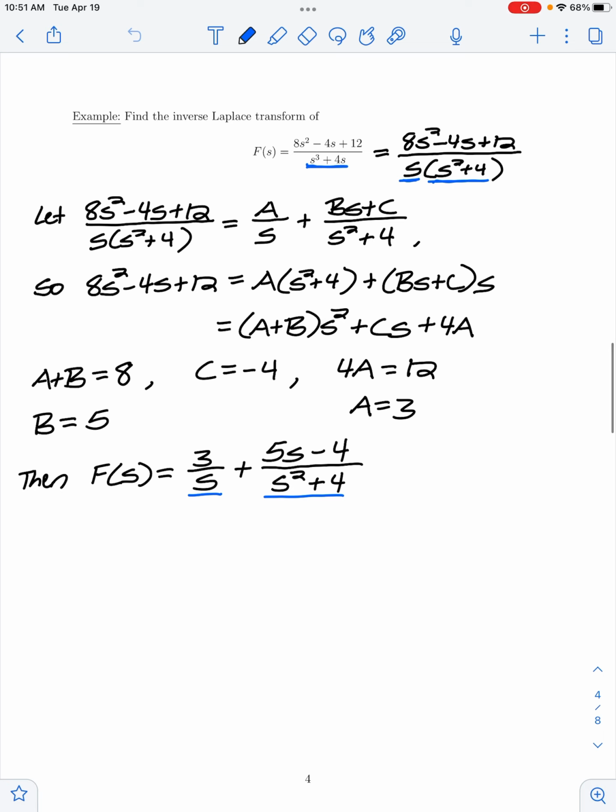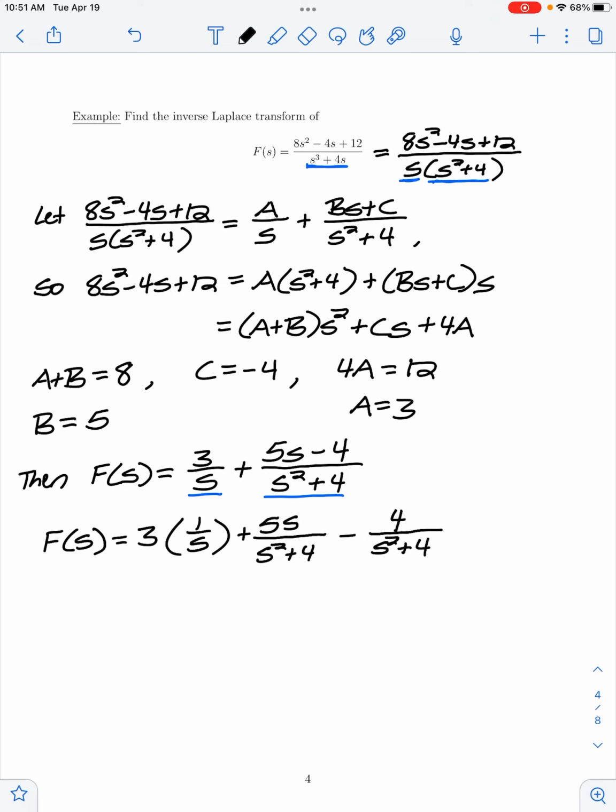So rewriting these terms of F of s to look exactly like what I have in my Laplace table, F of s can be rewritten as 3 times 1 over s plus 5s over s squared plus 4 minus 4 over s squared plus 4.